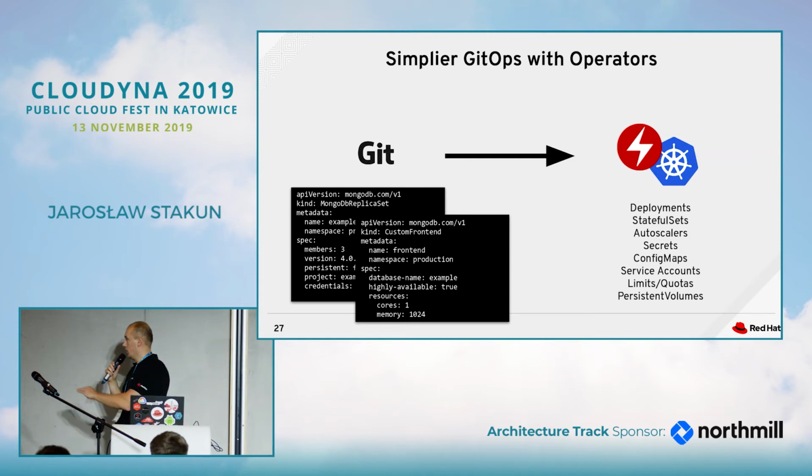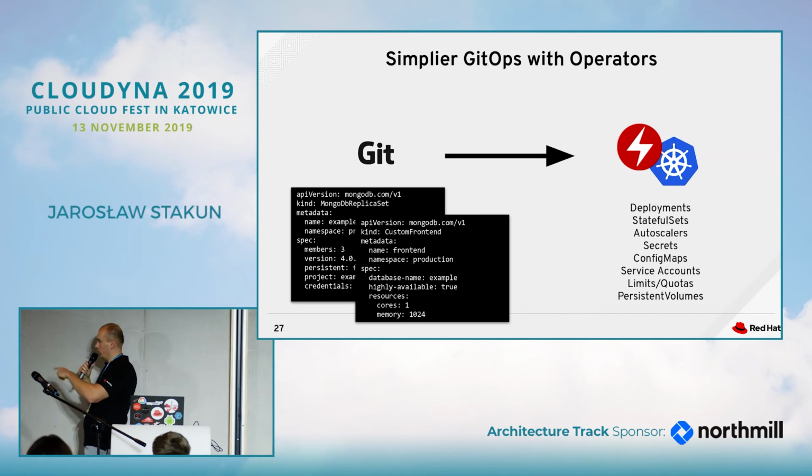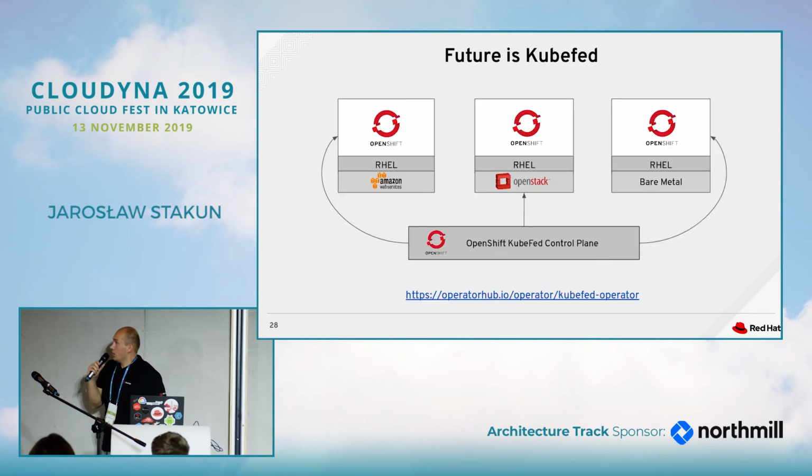This is something new we are starting to use. So we want to start using more operators and manage them with the GitOps tool. We want to manage the deployment of the operators and configuration of the operators instead of configuring the plain application config files. And the future hopefully will be the kubefed.